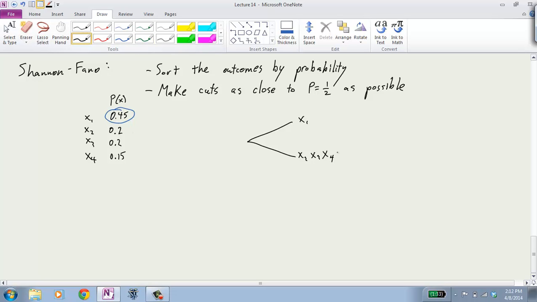Again, you branch out like this, and let's isolate the x2. The whole idea here is that at each stage, working from the root, you cut it as close to half as possible. Okay, and that's the Shannon-Fano code.